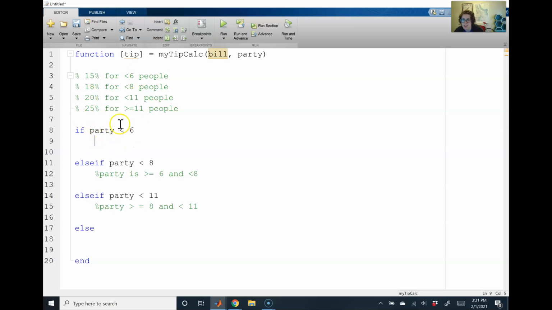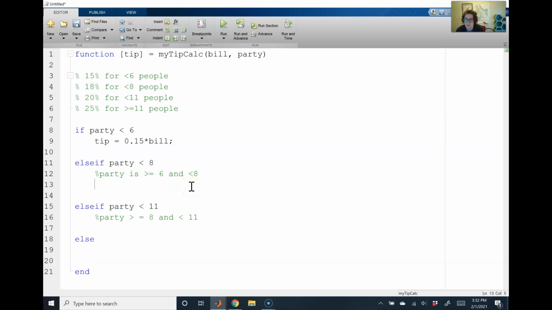So if the party is less than 6, then our tip is going to equal 15% of the bill. So 0.15 times the bill. Putting a semicolon there to suppress that output. If we have 6 or more people and less than 8 people, then our tip is going to equal 18%, 0.18 times the bill.